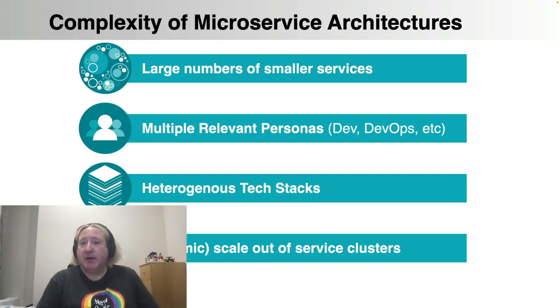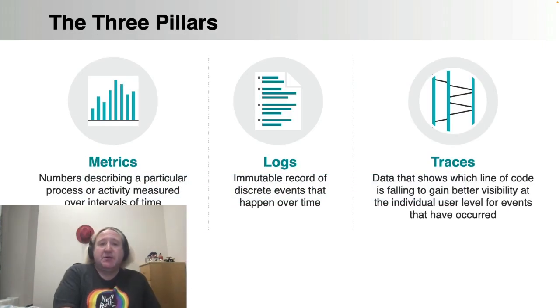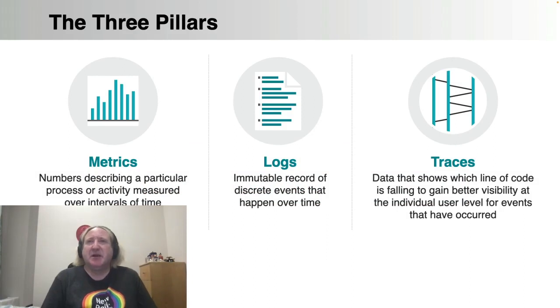Now, to help with diagnosing all of this, we have a concept of what's called the three pillars of observability. And this concept is a tiny bit controversial. Some of the providers of observability solutions and some of the thinkers in the space claim that this is not actually that helpful a model.